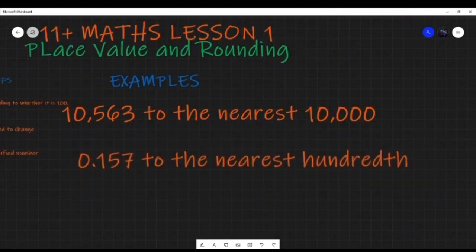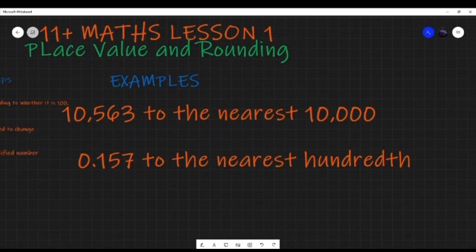0.157 to the nearest hundredth is simple. So we are working with decimals, so you look after. The hundredth number is 5. 7 is the thousandth number, which is after, and 7 is above 5. So the answer is 0.16. And that's how you round numbers.